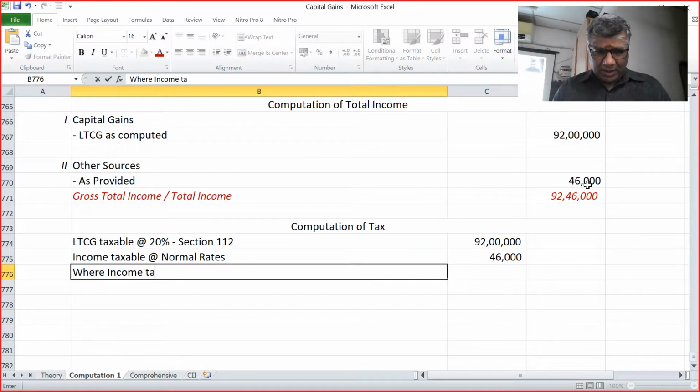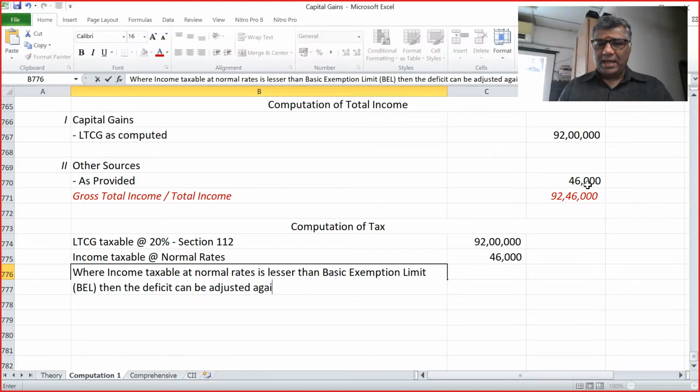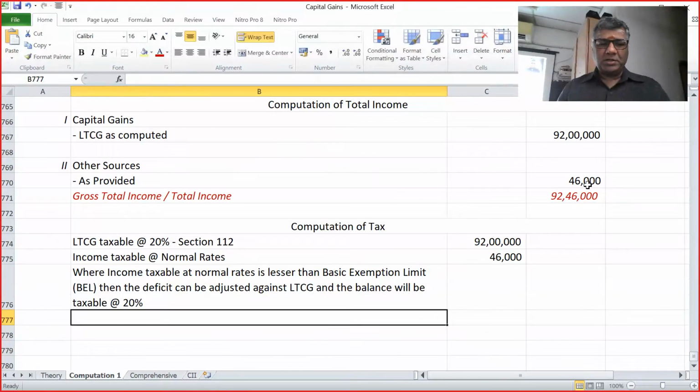Where income taxable at normal rates is lesser than the basic exemption limit, the deficit can be adjusted against LTCG, and the balance LTCG will be taxable at 20%.